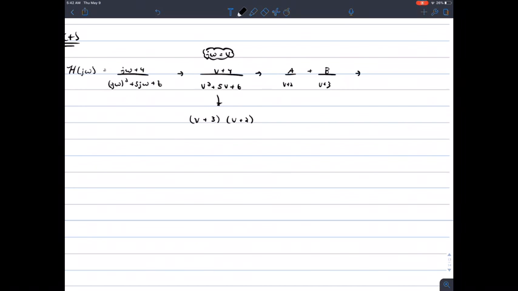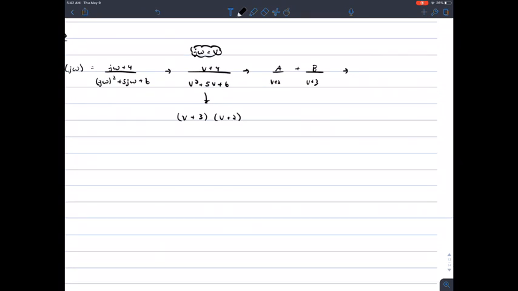Let's solve this. A times (v plus 3) plus B times (v plus 2). There is a variable and a constant, so Av plus Bv equals 1v, so A plus B equals 1. And 3A plus 2B must be equal to 4.